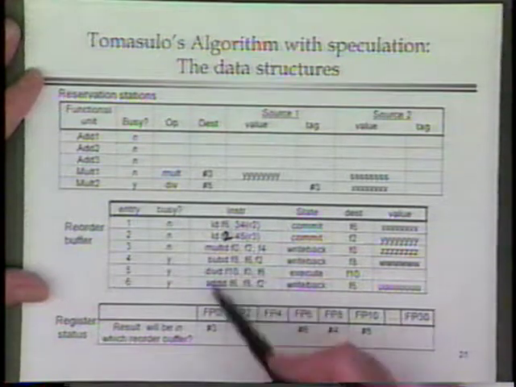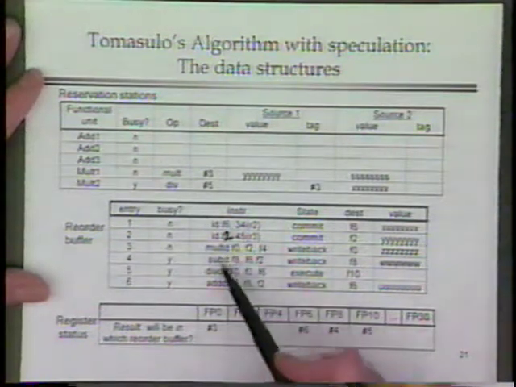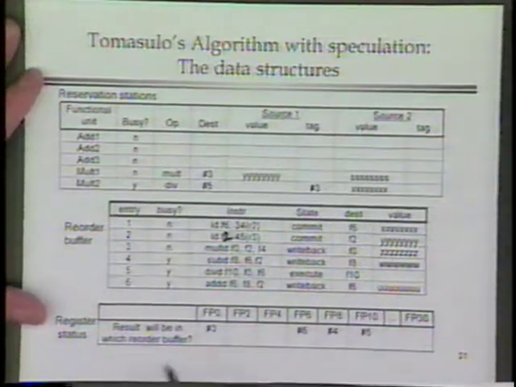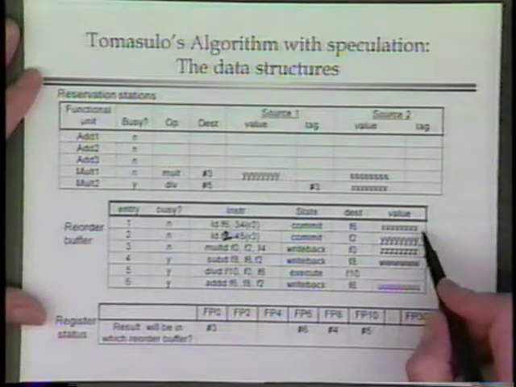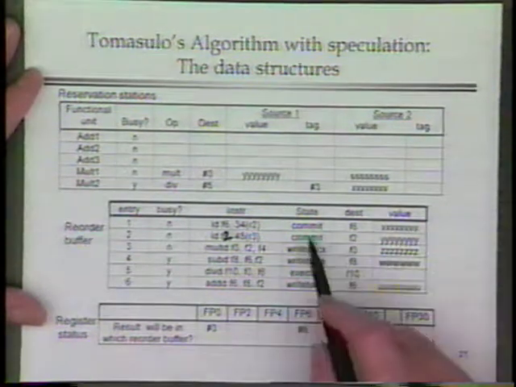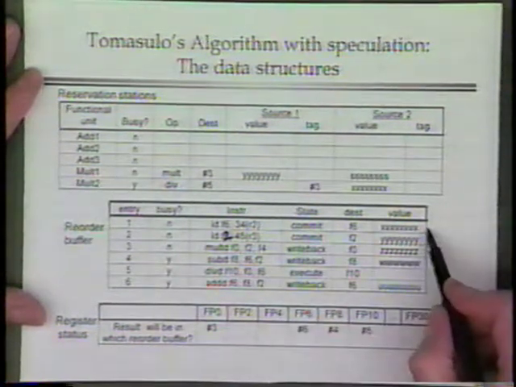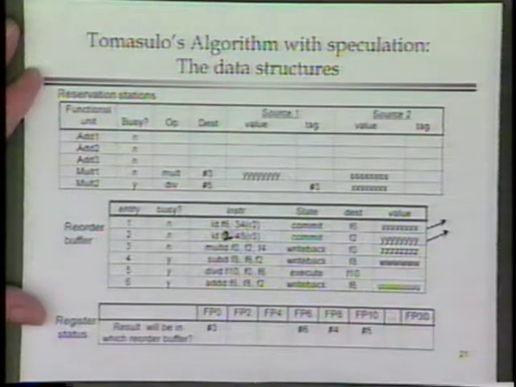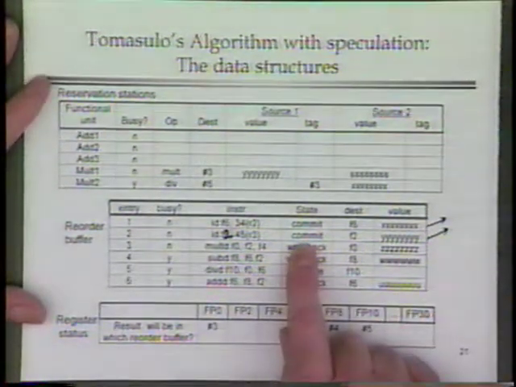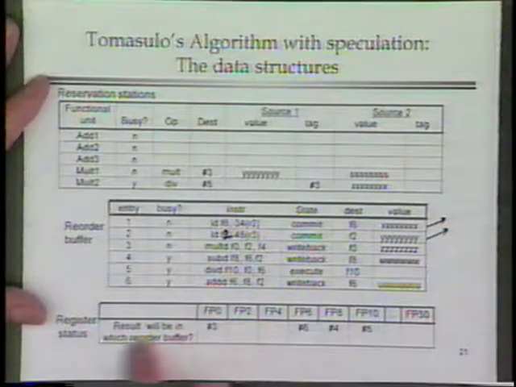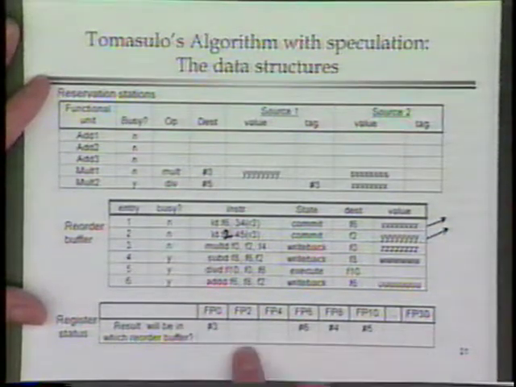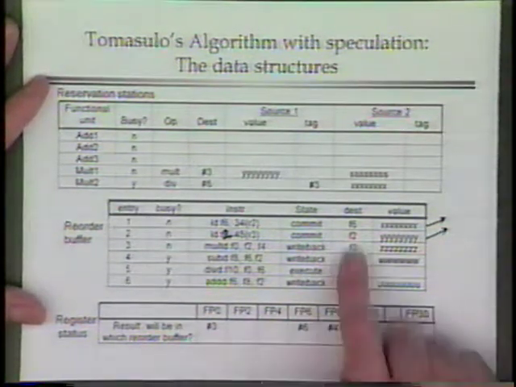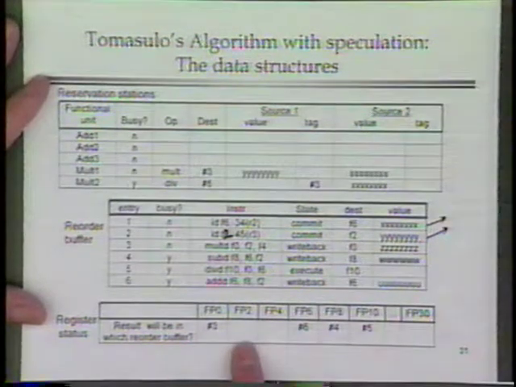The instruction sequence we're executing is load, load, multiply, subtract, divide, and add. These 2 load instructions, in fact, have already committed, so in some way they're really out of the reorder buffer. They've written their values back to their final destination registers. The register status doesn't show any destination in progress for register 6 and register 2.